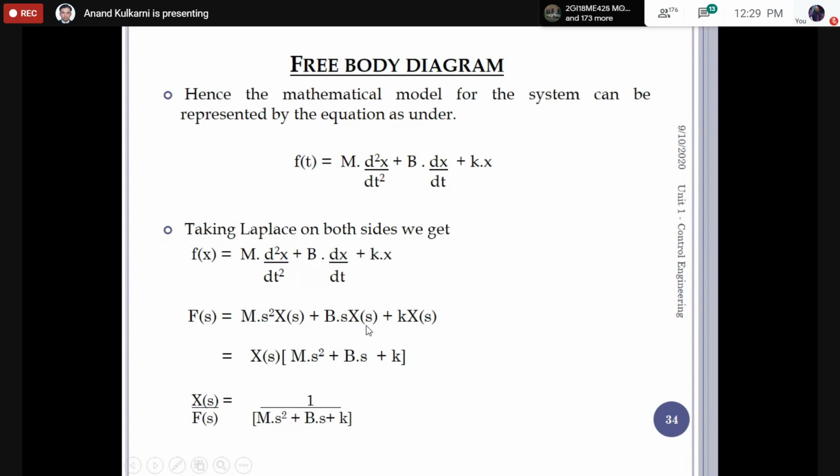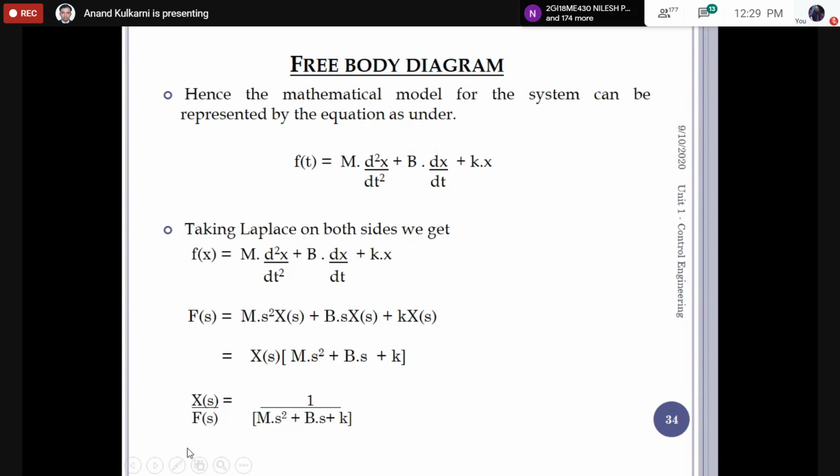So I have done it. X of s is common throughout the equation. Inside, what remains is m s square plus b s plus k. Then, as per the definition of the transfer function, it is output divided by input: Laplace transform of output divided by Laplace transform of input, assuming initial conditions 0.